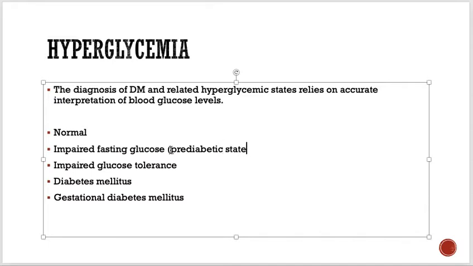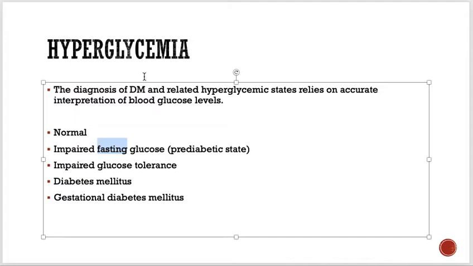What it means is that in these patients, their blood sugar levels during fasting are not in the normal range, right? So remember, whenever we check for hyperglycemia, it depends on what time you are collecting the blood sample.